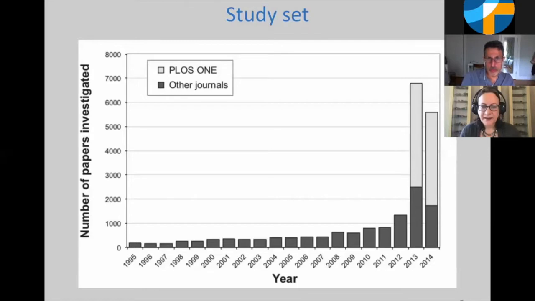And then later I decided I should not just focus on one journal, I should look in other journals as well. So I added another bunch of journals and also went back in time. This is why the study set is a bit lopsided in terms of numbers of papers from PLOS ONE. But it's a very easy journal to flip through.